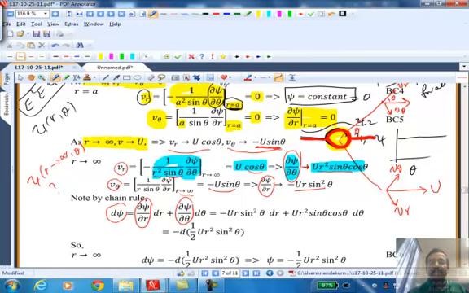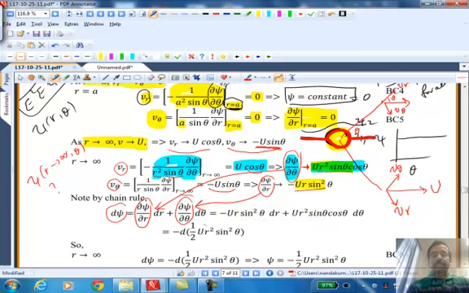So I can plug those in, and that's what I get: minus u r sine squared theta, which is this term, and then plus u r squared sine theta cos theta. Plug in for those, and then express them as a total derivative. That is, combine these two.